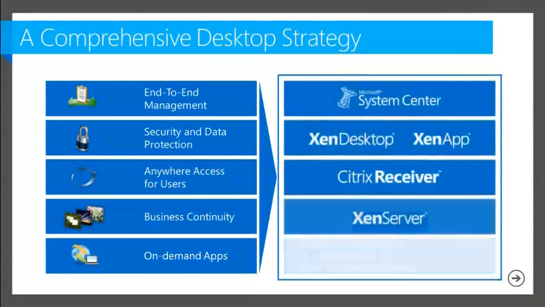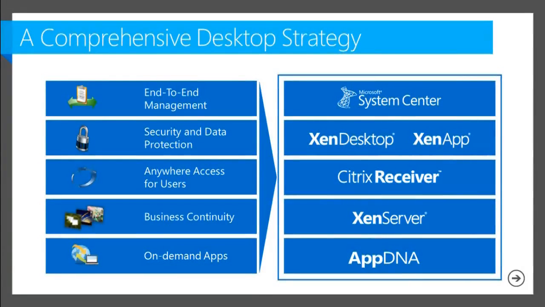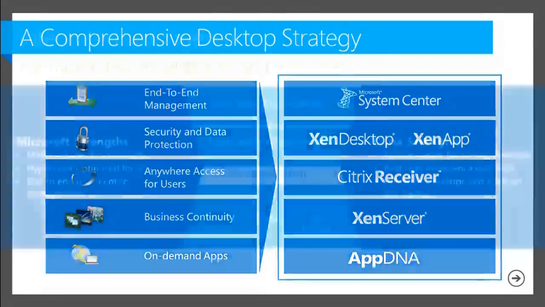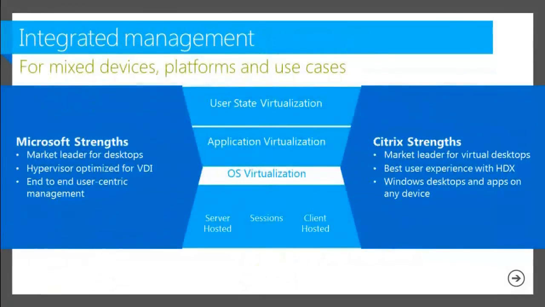Now, fortunately, Citrix and Microsoft, our solutions together, can help you develop that end-to-end strategy across all those different domains. And we're going to talk about some of those key areas today. Citrix and Microsoft both bring some complementary strengths to the table. Obviously, Microsoft is the de facto market leader for traditional desktops, with a great hypervisor platform for hosting VDI.